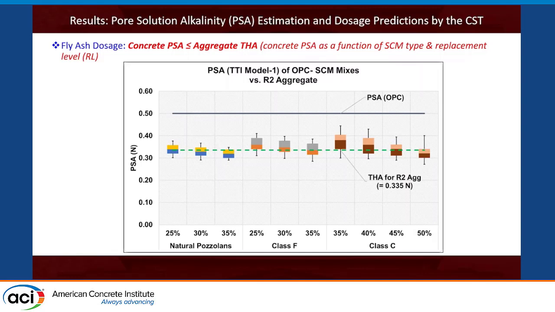It is a highly reactive fine aggregate. You see here the pore solution going down with increasing replacement. And you see 25 to 30% natural pozzolan is good enough to mitigate the ASR of that highly reactive fine aggregate. For Class F, you need 30 to 35. For Class C, you need 45 to 50%. So this is the prediction based on the screening tool.